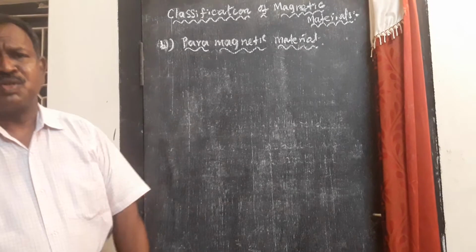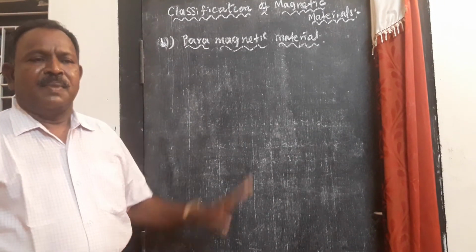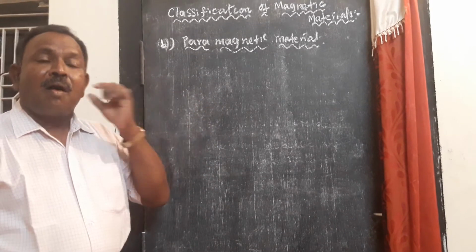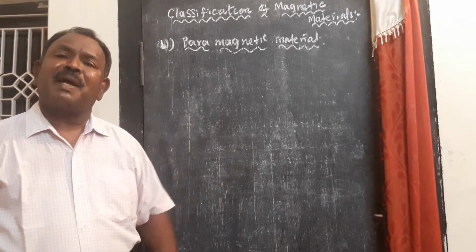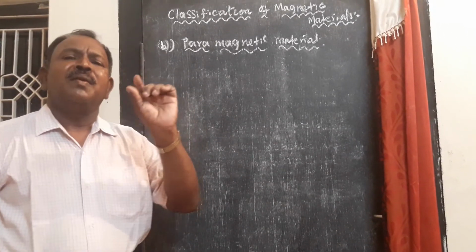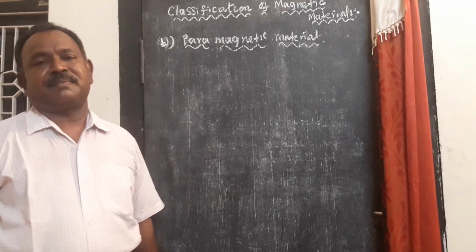The spinning motion of the electron produces a spin magnetic moment. The resultant magnetic moment is the vector sum of the orbital magnetic moment and spin magnetic moment. So every atom or molecule will have a resultant magnetic moment.